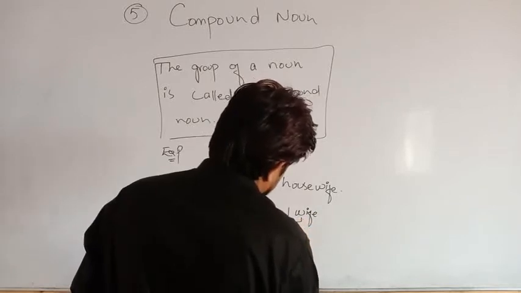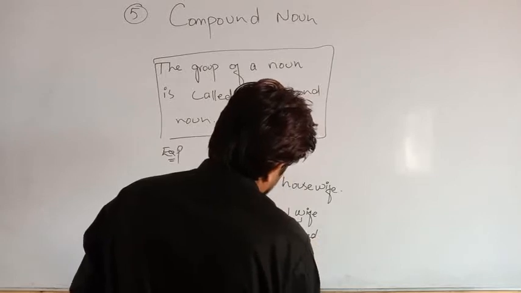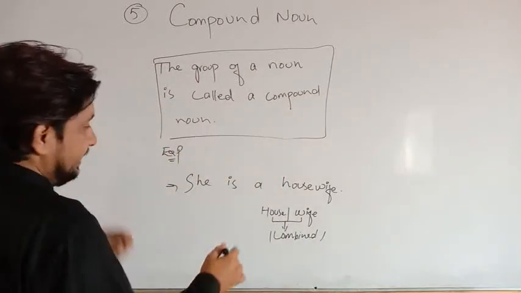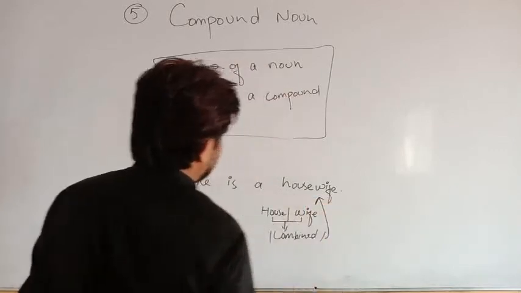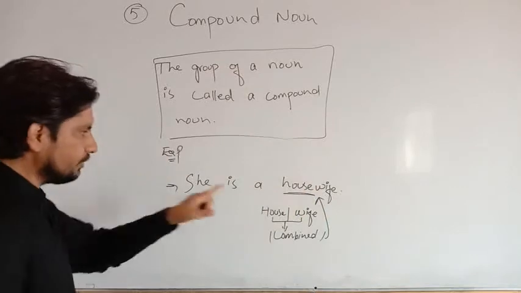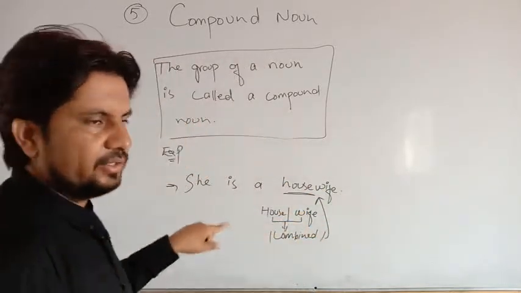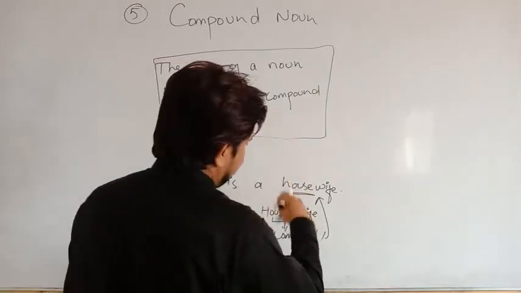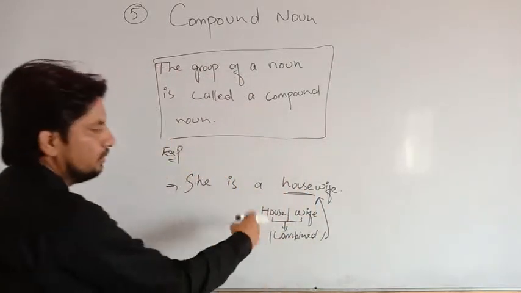They are combined, then it becomes one name, housewife. She is a housewife. So it has become one noun here after merging these 2 names, house and wife.